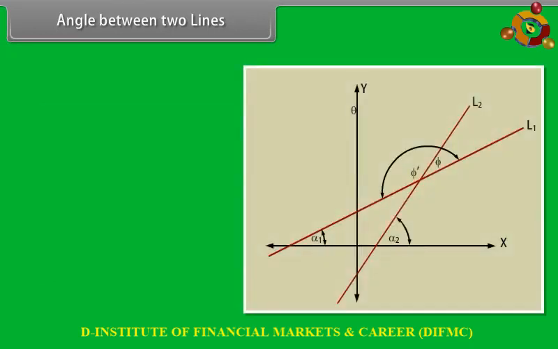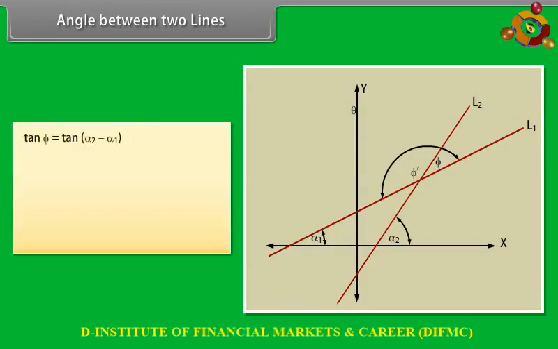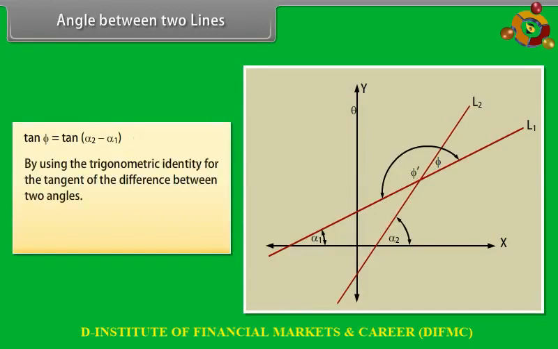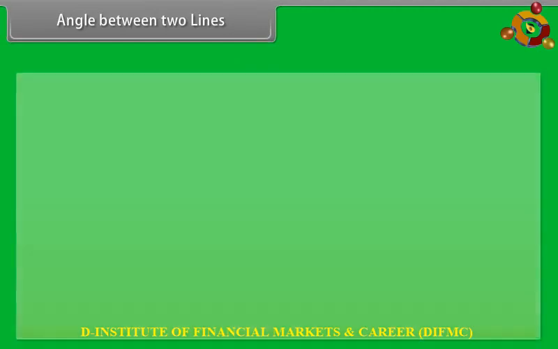From the slopes of lines L1 and L2, tan phi is equal to tan of (alpha 2 minus alpha 1), by using the trigonometric identity for the tangent of the difference between two angles. Tan phi is equal to (tan alpha 2 minus tan alpha 1) divided by (1 plus tan alpha 1 into tan alpha 2).